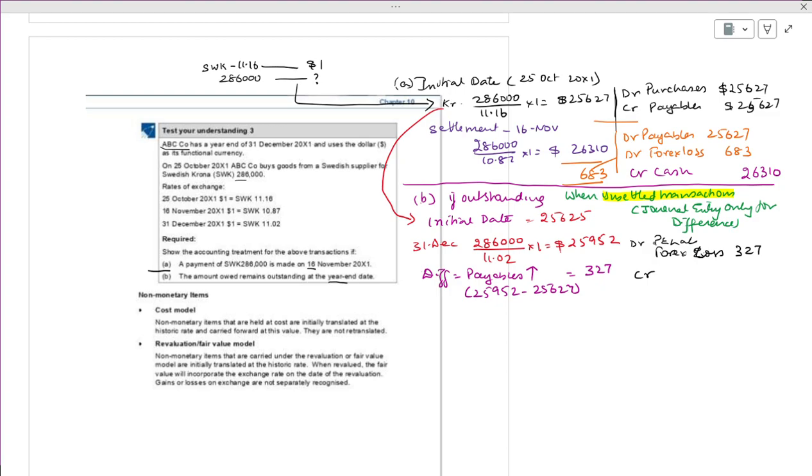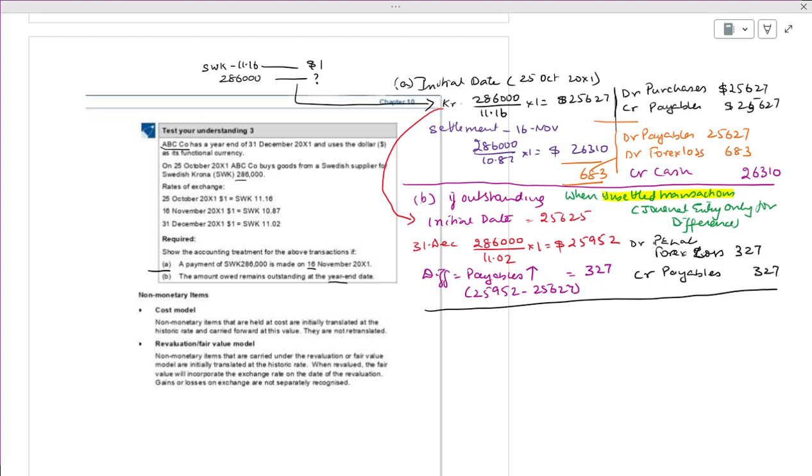How much is increasing? 327. When a liability increases, it should be credited. Is it clear to you? Yes, doctor, clear, Hussein.